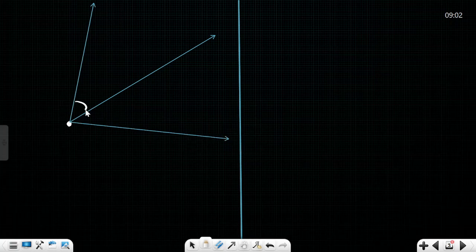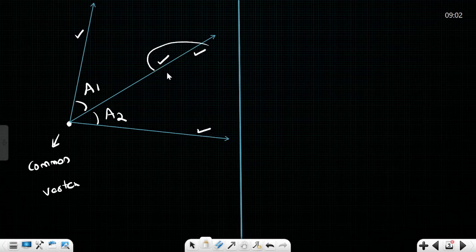Now this is angle 1 and this is angle 2. Angle 1 and angle 2 have a common vertex. Angle 1 has two arms, angle 2 also has two arms. Both of them have a common arm, and other arms are on opposite sides, right? So this is an example of adjacent angles.